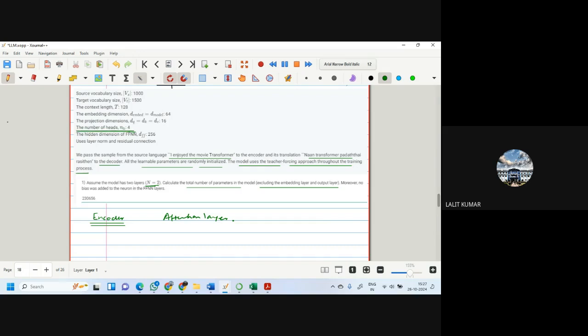So d_model is how much? 64. So 4 into 64 into 64. Now we come to FFN. FFN they have given 256. This will become 64 into 256 plus 256 into 64. Somebody please calculate this, just to help me out.